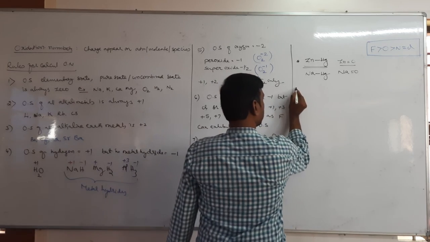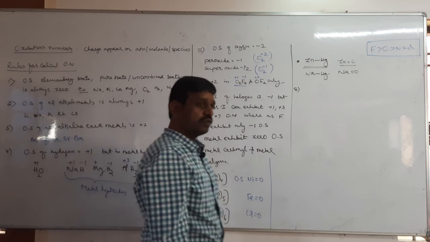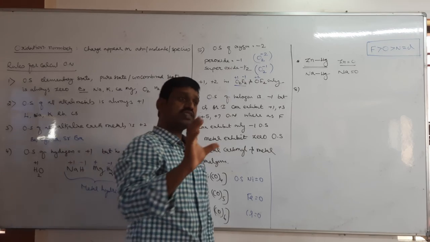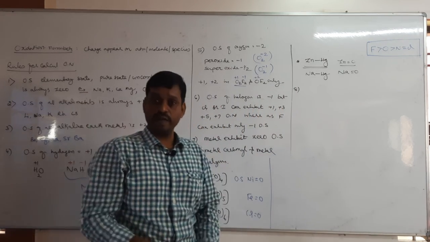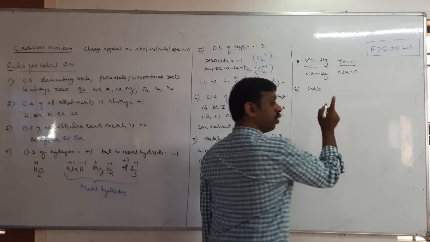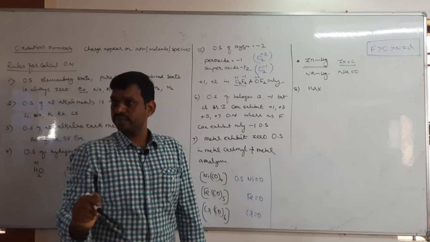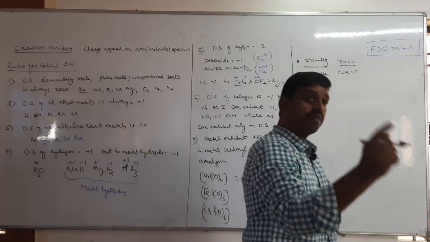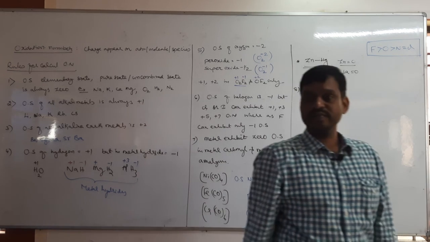Next, the 8th one. Next is minimum and maximum. What is the minimum oxidation state of any element and what is the maximum OS of any element? Let's see the maximum first. The maximum oxidation state of an element is always equal to its valence electrons, nothing but the group number. Minimum OS is equal to group number or valence electrons minus 8.